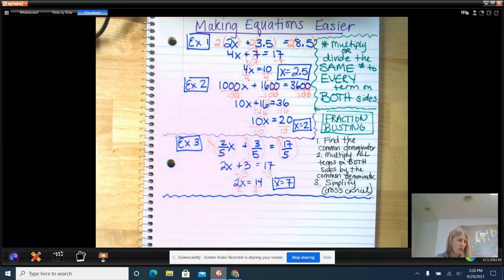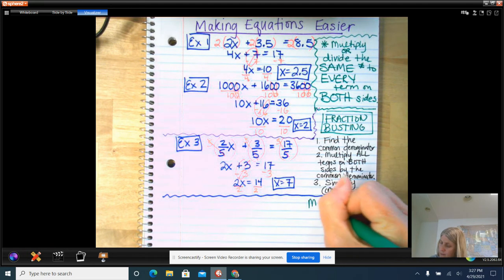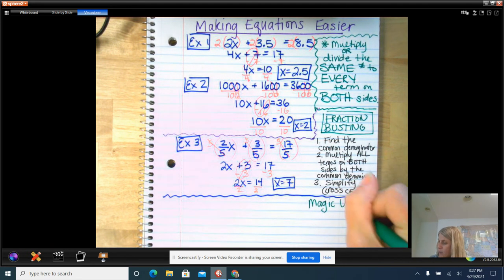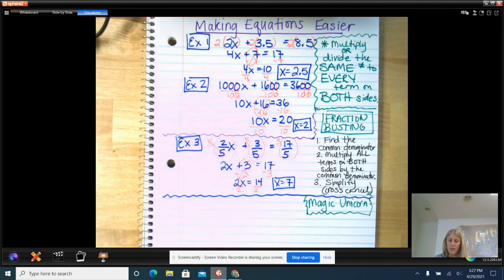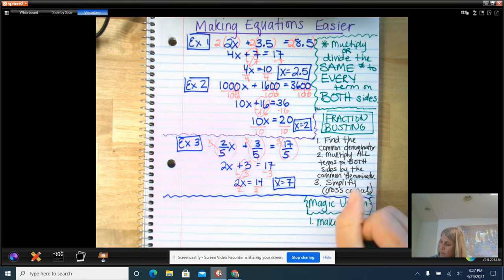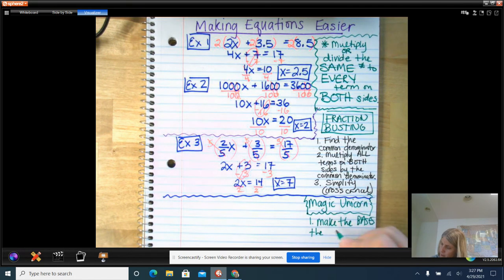Okay, our next one here is how to solve your problem when there is a variable as an exponent. I call it, and this is just really silly, magic unicorn. Okay, step number 1 for magic unicorn is make the bases the same.